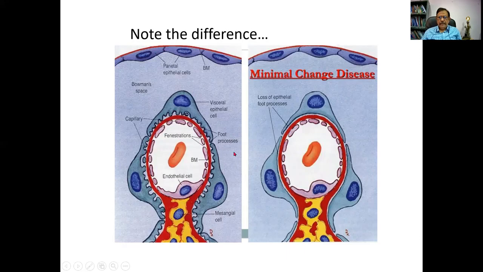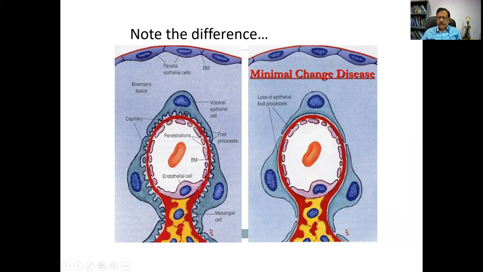Look at this picture. This is a normal glomerulus. I am finding the epithelium and this is the endothelium. And normally I find these are the foot processes, as though it is standing on multiple legs. And this is the capillary. What happens in a case of minimal change disease?